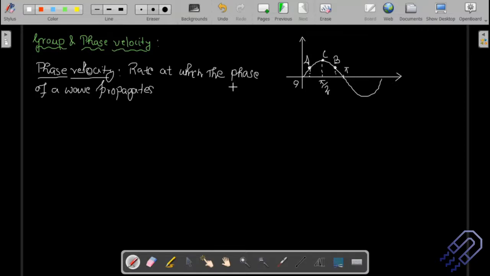So now you understand what I'm saying here in space, right? We know what phase is, and the rate at which it travels is called the phase velocity.